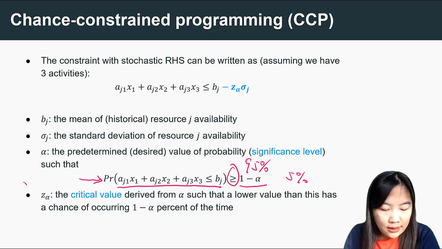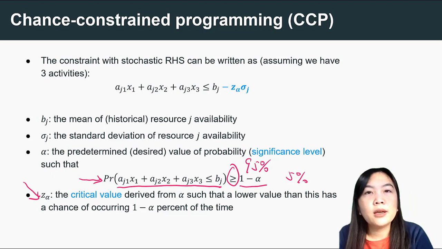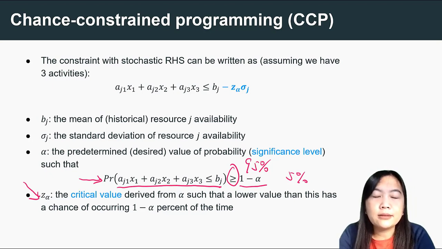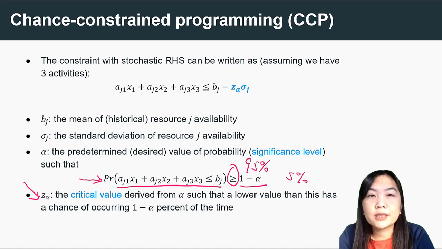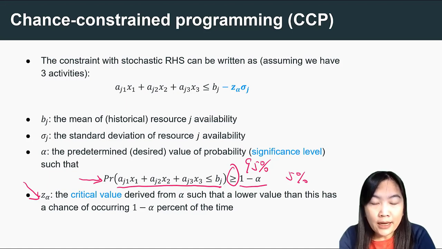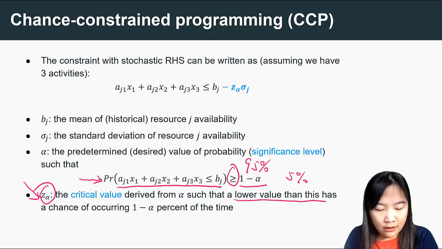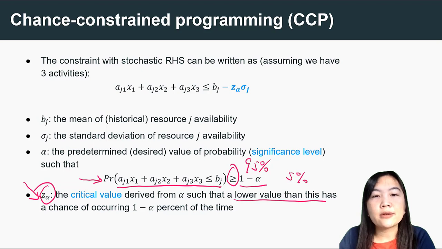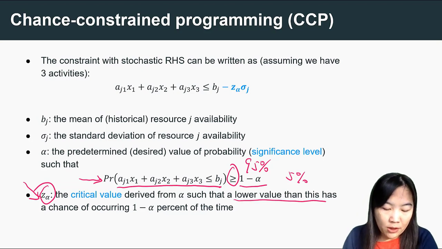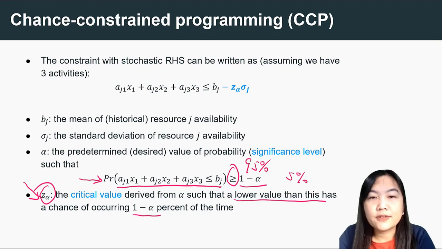And Z alpha is actually the Z score, and it depends on the alpha value that you choose. It's called the critical value, and it is derived from alpha, so that a value lower than this Z alpha will have a chance of occurring 1 minus alpha % of the time.